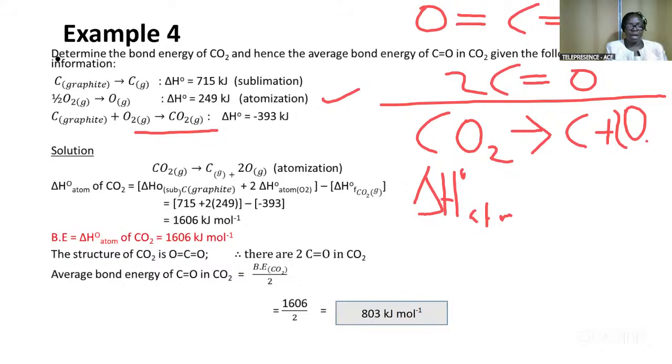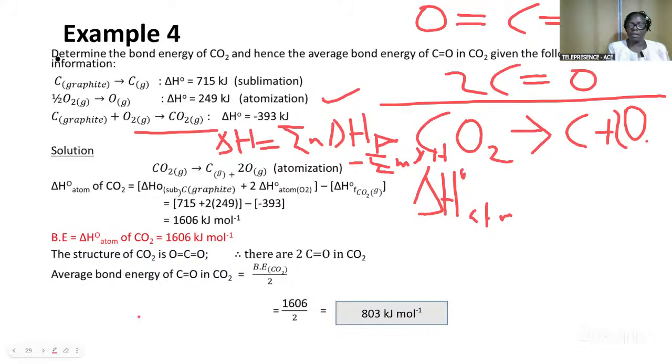So if you look at this reaction, we are writing it in form of atomization, and we are going to use the enthalpies of formation. So it then means that we will apply the expression for delta H equals summation of n delta H of the products minus summation of m delta H of all the reactants.